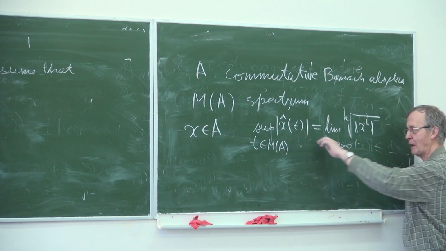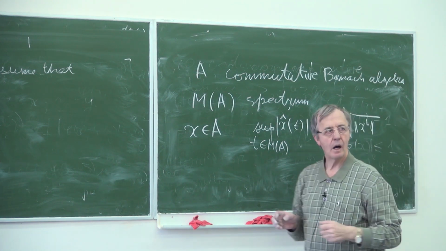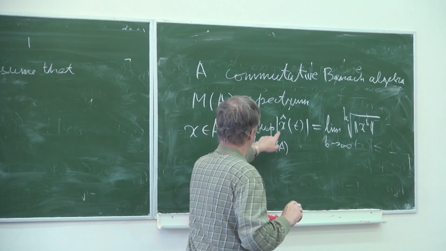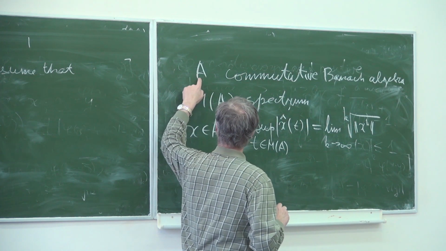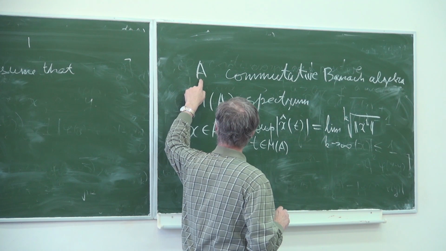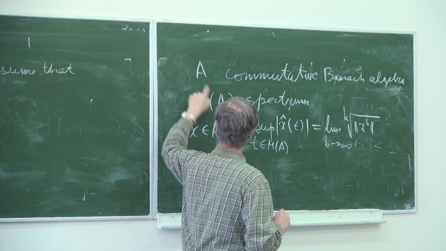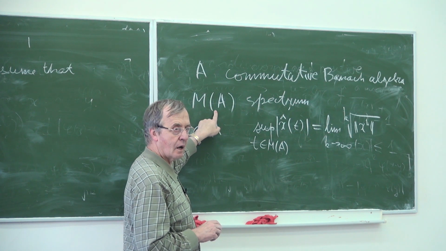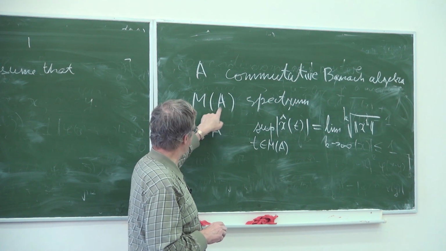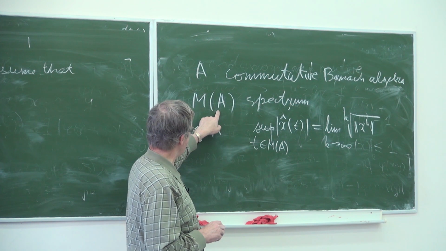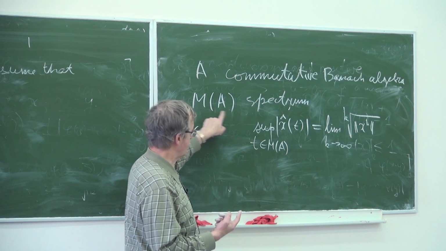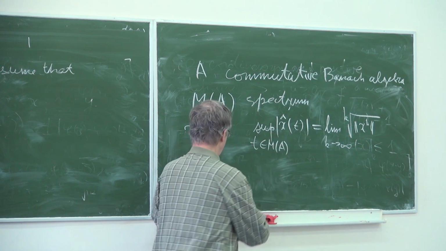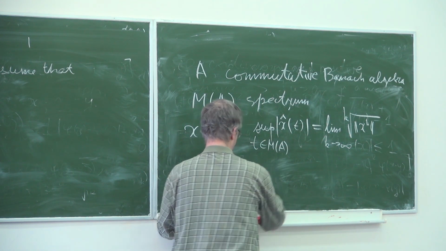And so, okay. What is x hat? x hat is the Gelfand transform. Every element of A generates a function on the maximal ideal space. Every point of this space is a multiplicative linear functional, so x hat of t is t of x simply.